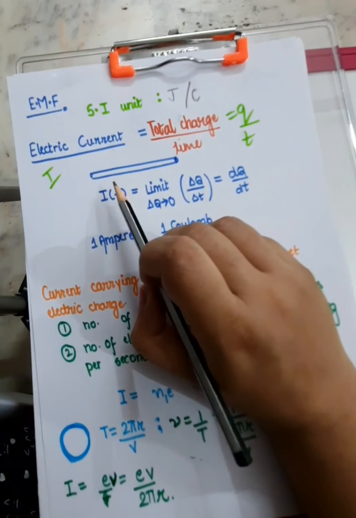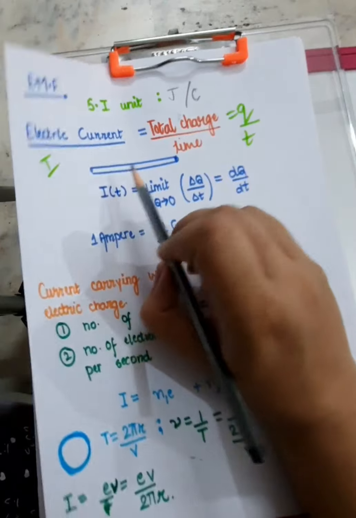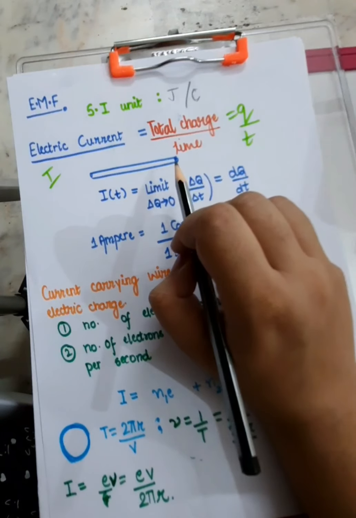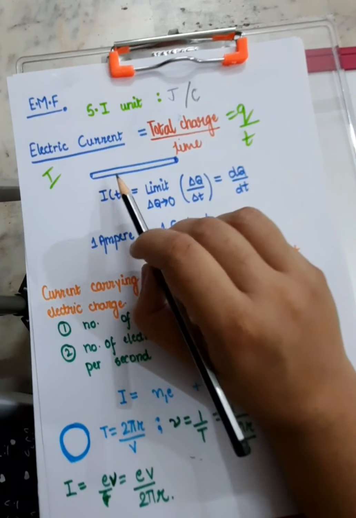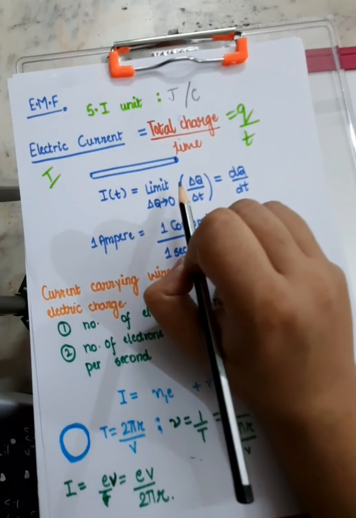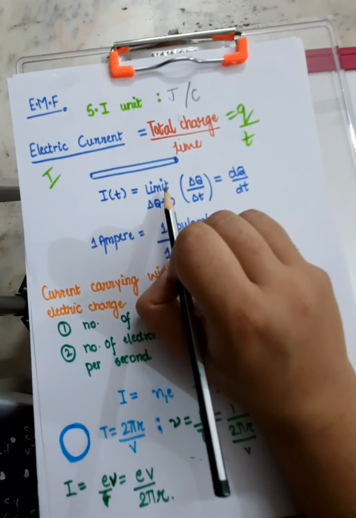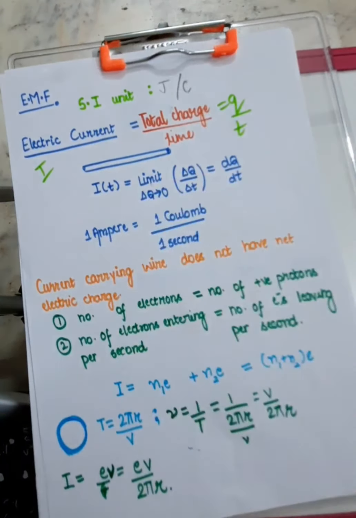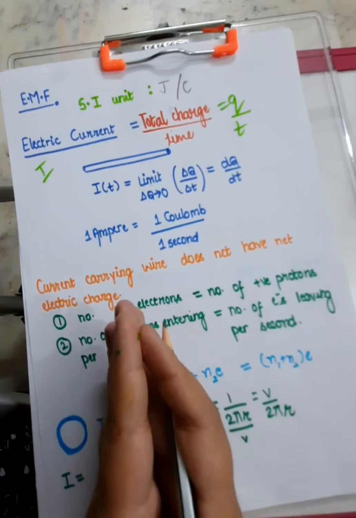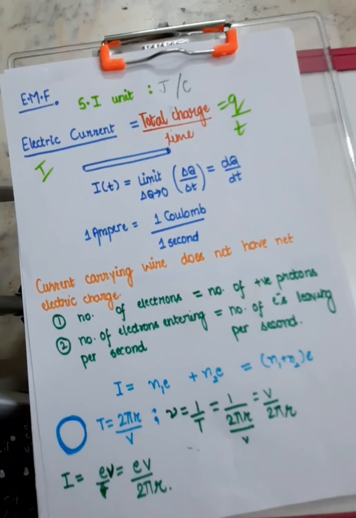Suppose first a few coulombs go in 1 second, and in the other second some more coulombs of charge go. So charge is not steadily flowing through this wire, rather its value is a fluctuating value.